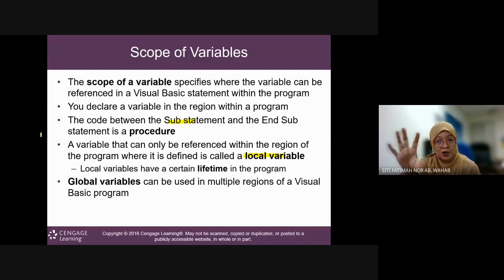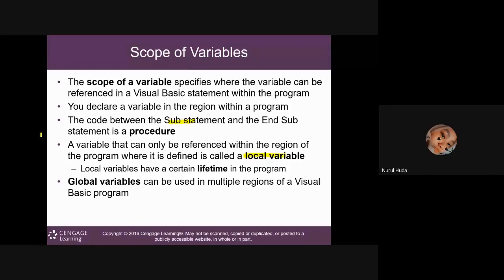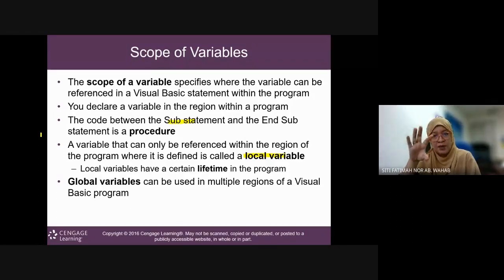So kita declare ada local variable. Tapi kalau dia boleh digunakan oleh macam-macam yang lain, so kita kena declare dia sebagai global variable. Jangan declare dalam private sebab dia private untuk that function only, untuk event tu sahaja. Faham tak? So declare dekat luar ataupun dekat dalam. Dalam hanya untuk yang spesifik. Lifetime dia pendek je. Okay.